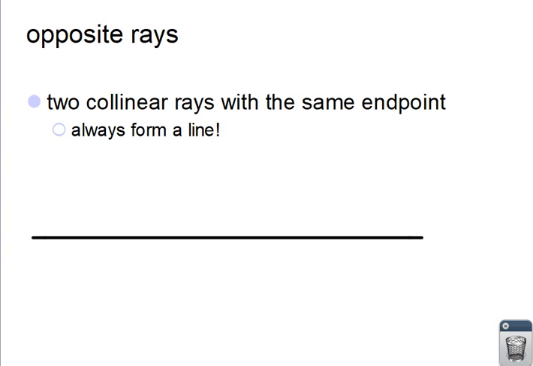All right, opposite rays are 2 collinear rays. So remember what collinear is. That have the same endpoint. So here's a point in the middle. We'll call it point C. And there's a point over here. We'll call it point E. And right here, call that point A, and it's a line, so it goes both directions.